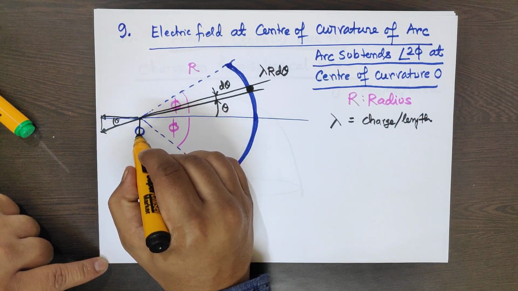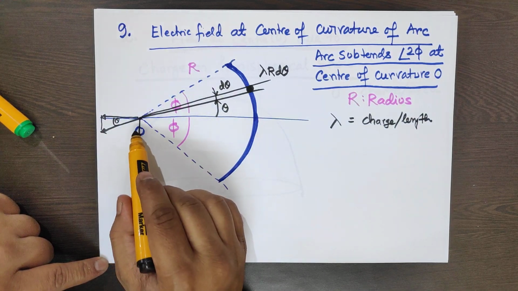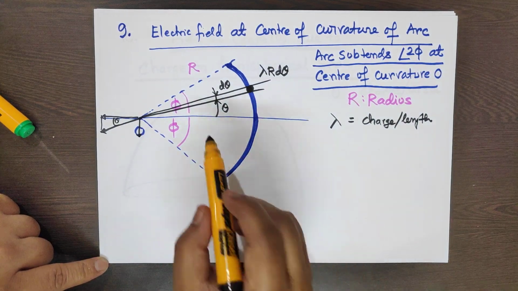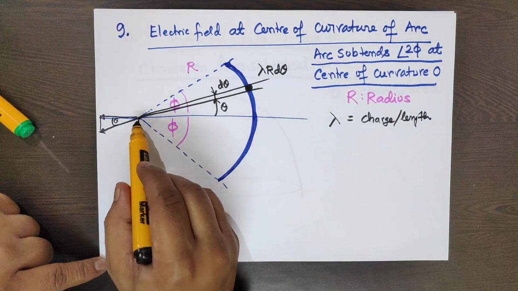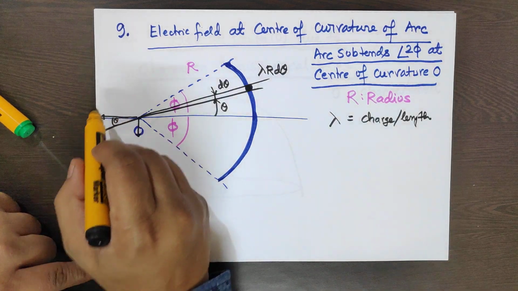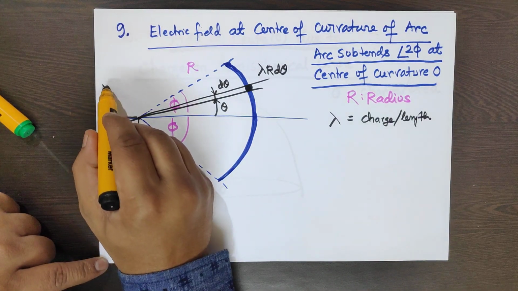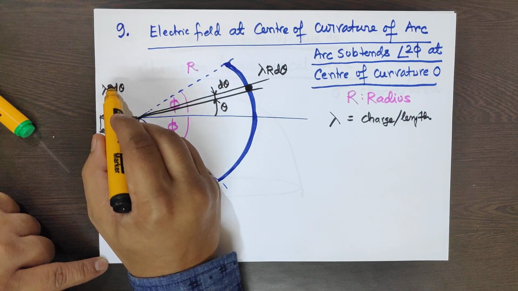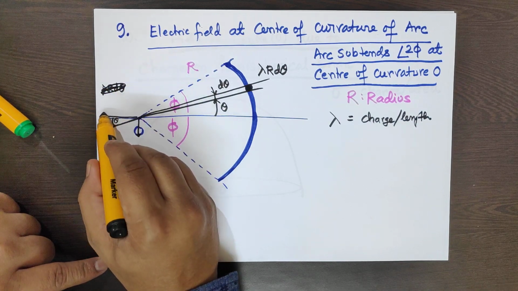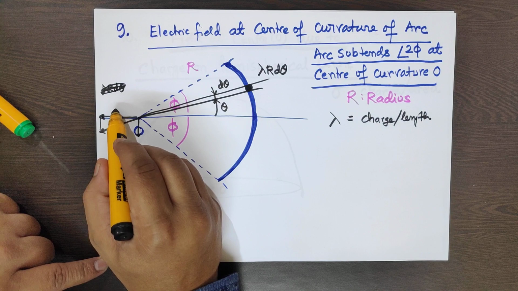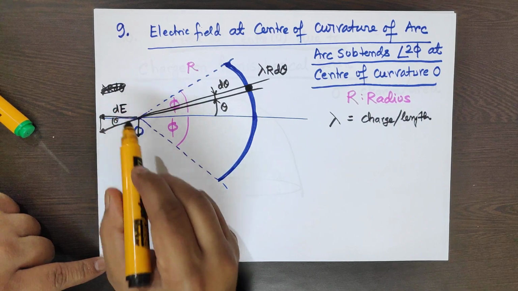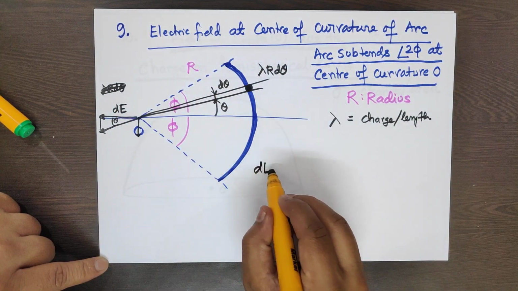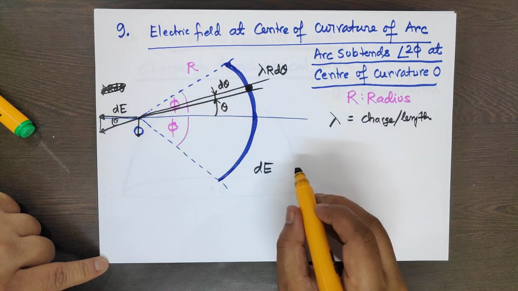So, this field is how much? It has two components. By the way, these components will be of no use because all these vertical components will cancel. So, this is lambda r d theta k multiplied by, right? So, you write it again, say this is the small field dE in this direction.